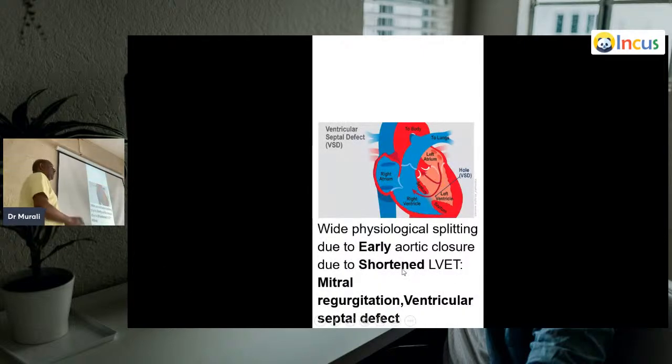Now, wide physiological splitting can occur because of delayed P2 or early aortic valve closure. So, what leads to early aortic valve closure? Early aortic valve closure if there is a MR or VSD. Why?